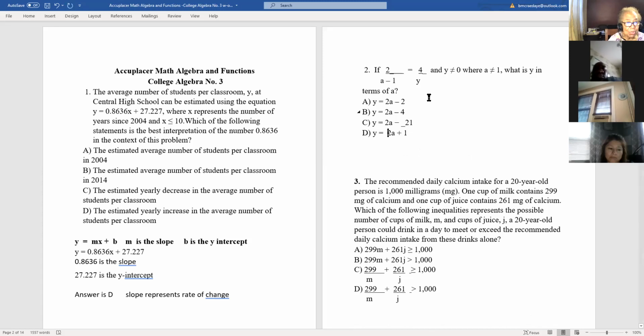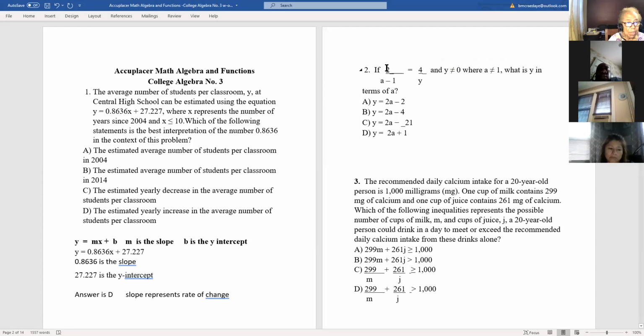We want to find y in terms of a. The equation here is 2 divided by a minus 1, equal to 4 over y. Yeah, that's right.